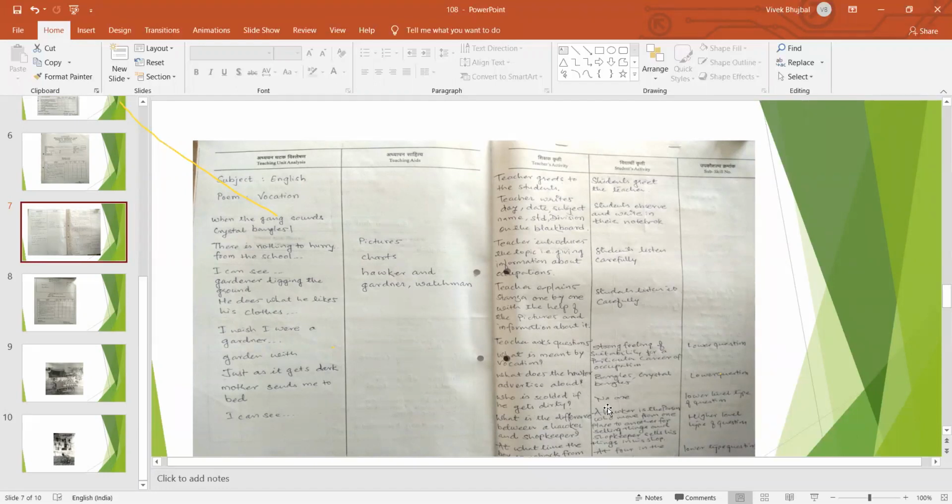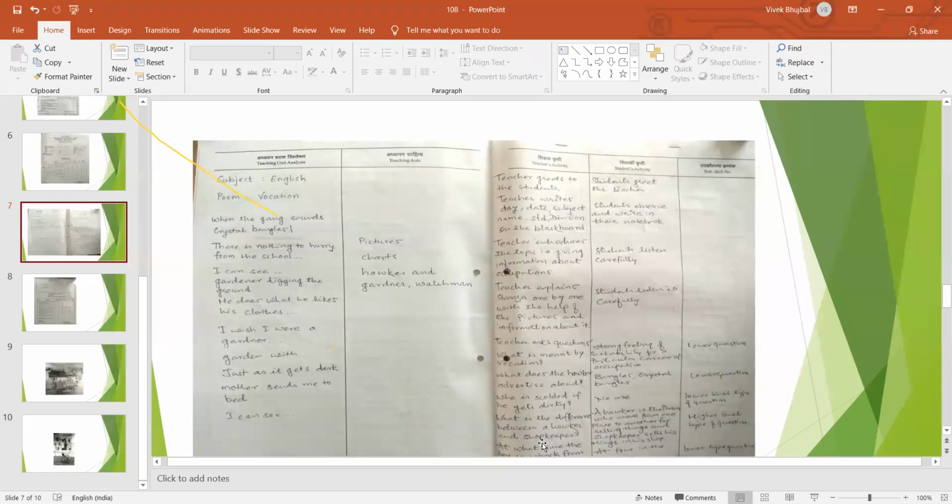The next question is, what is the difference between a hawker and a shopkeeper? A hawker goes here and there on the streets and sells the things, but a shopkeeper sits in the shop and sells things from one place, and a hawker sells things from many places, street to street, one place to another.